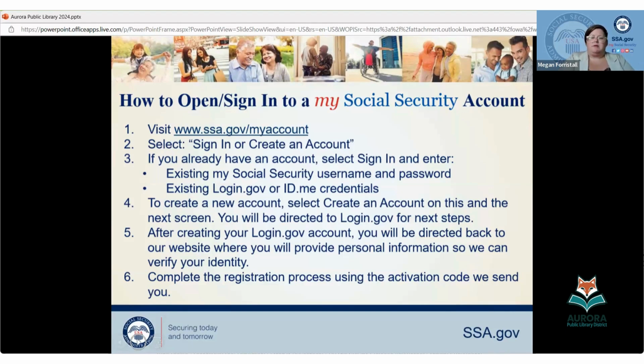So we use login.gov, but if you have id.me, like a lot of military personnel have, or if login.gov is giving you problems, it's up to you, but you can create an id.me account. Some people have better luck with that, but either one works. If you've never had an account, you're going to go through create an account. It's going to direct you to login.gov to do the account there, then bring you back to our website. And then you're going to complete registration using an activation code.